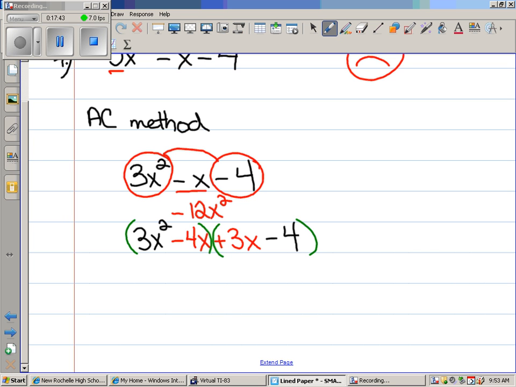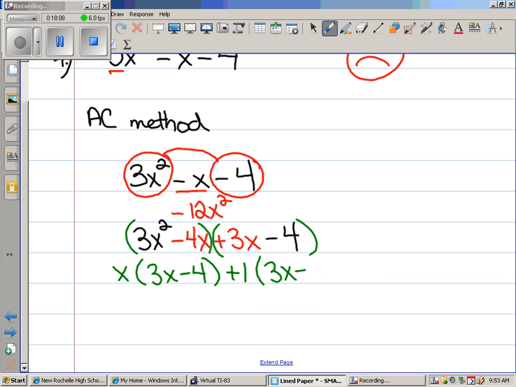The first 2 terms, what is the GCF of them? X, that's totally fine. We get 3x minus 4. From the second term, what's the GCF? Yeah, only 1. Sometimes that's the case. That's fine, just positive 1.